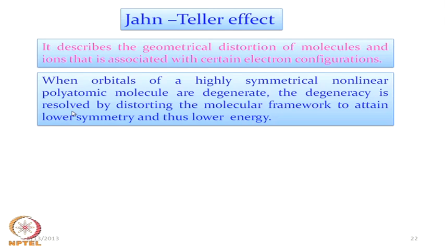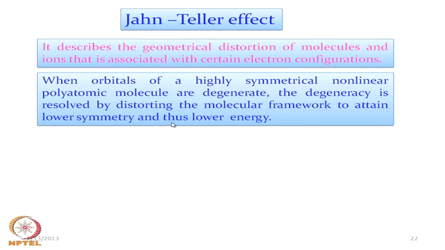We do not have the degeneracy. Degeneracy means we have all the levels together. That means we have seen a triplet level, the T2g level, or a doublet level, the corresponding Eg level. So, this triplet level and the doublet level have degeneracies of 3 and 2. That particular degeneracy will be resolved or lifted if we have a particular type of electronic configuration which will be able to distort the molecular framework to attain lower symmetry, thus lower energy.